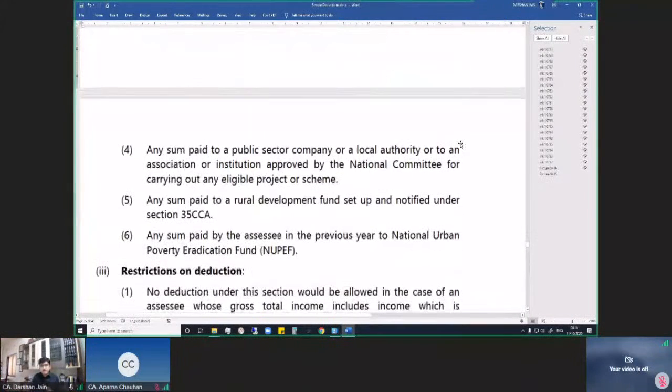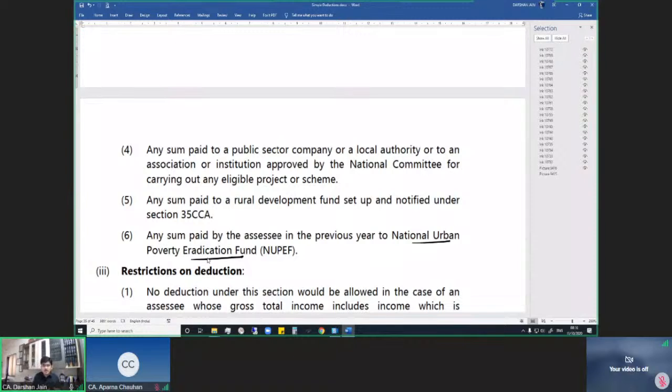So when you are making such payments to an approved institution for rural development, for scientific research, or social research, right, or to a public sector company which is engaged in a project approved by the national committee, right, or the National Urban Poverty Eradication Fund, all of such donations or contributions, here it would be more of contribution. Donations are covered by 80G.